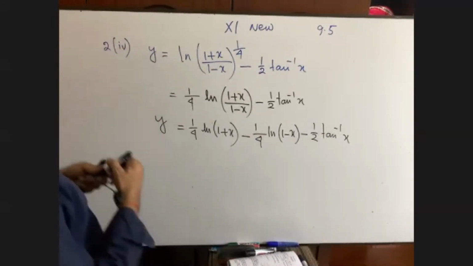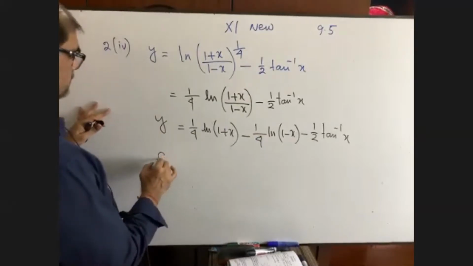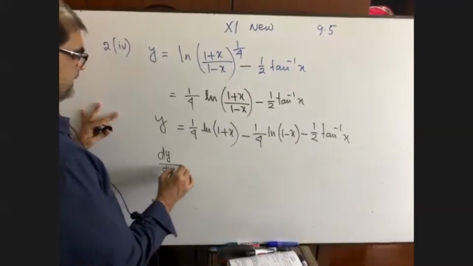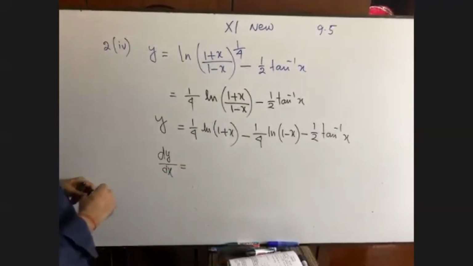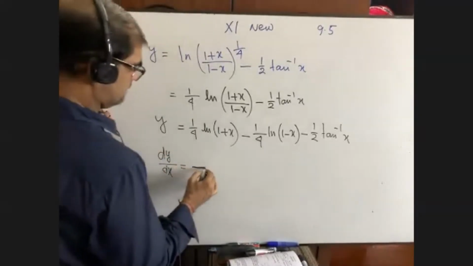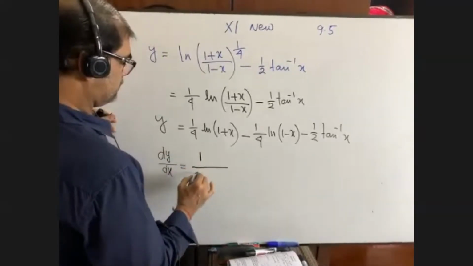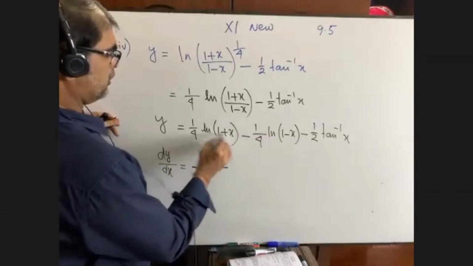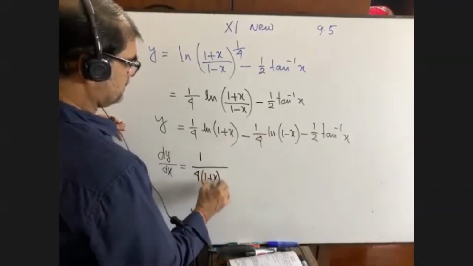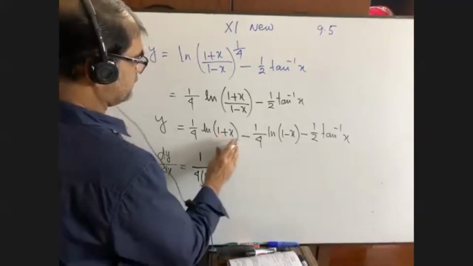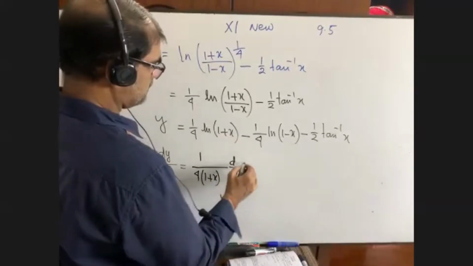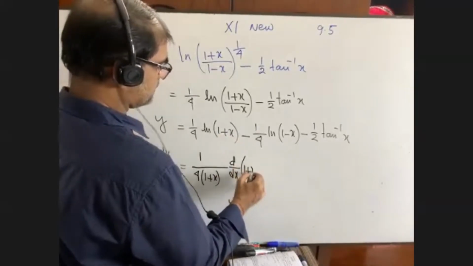You see, now dy by dx is equal to 1 by 4, derivative of ln x is 1 by x, so d by dx of 1 plus x.